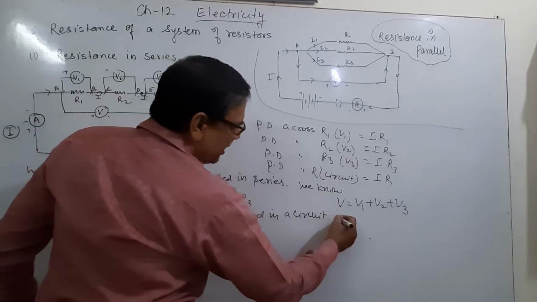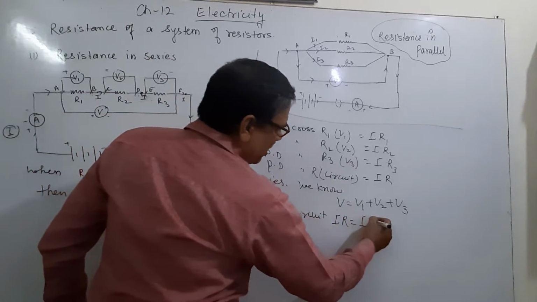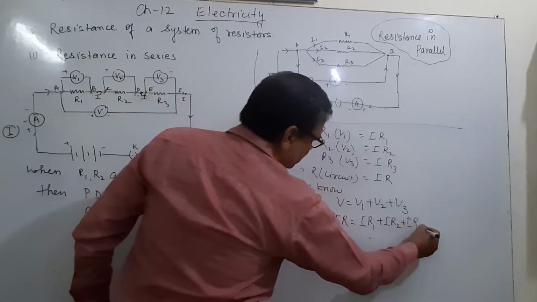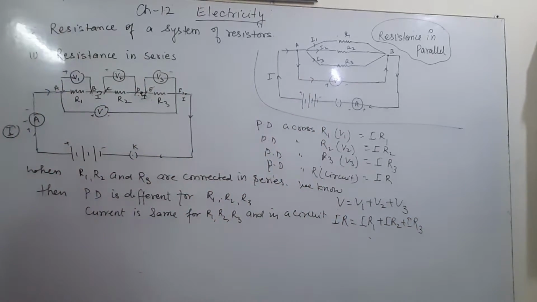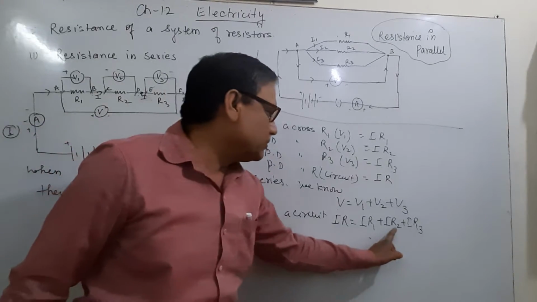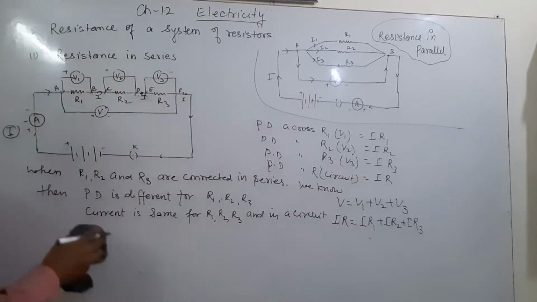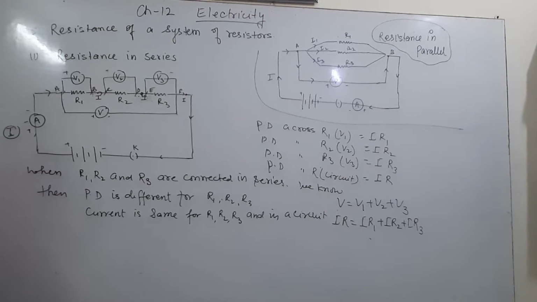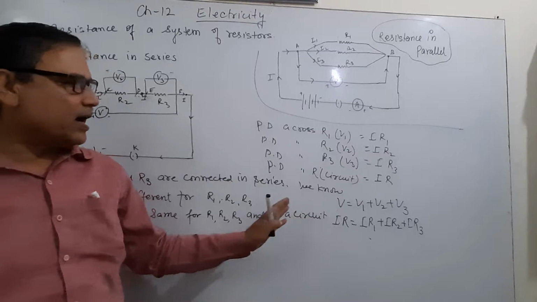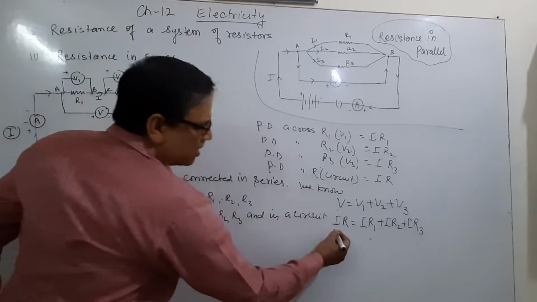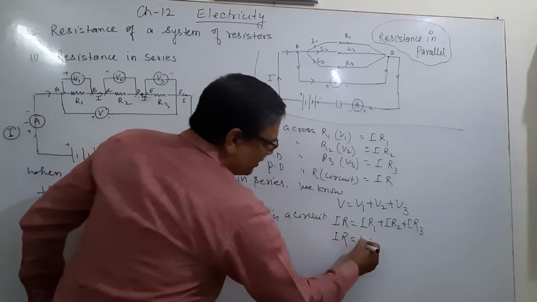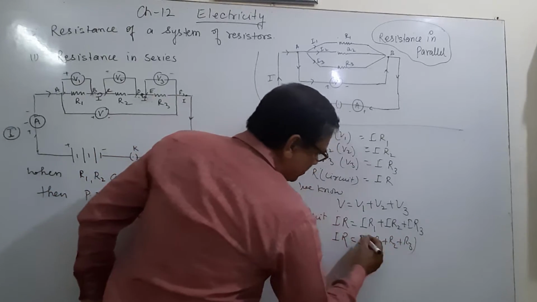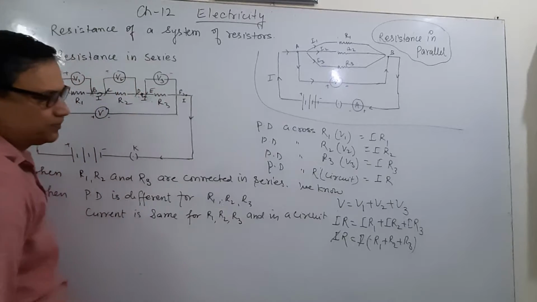Then I R is equal to I R1 plus I R2 plus I R3. What will we get? I is common. If we take I common from the right hand side, then I R is equal to I common times R1 plus R2 plus R3, and this I will cancel.